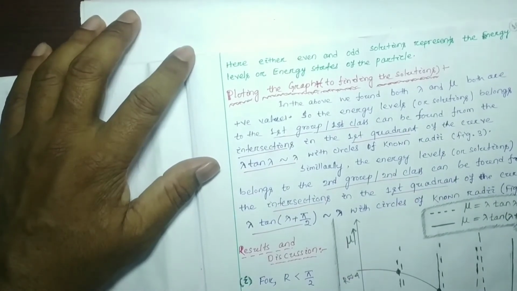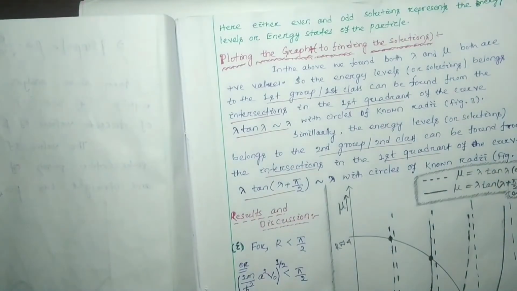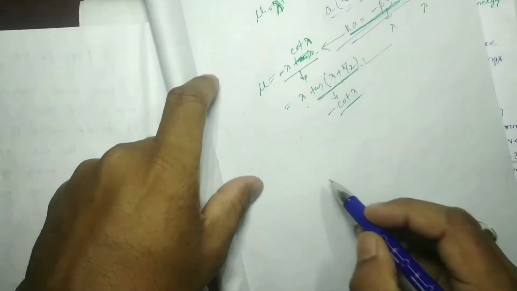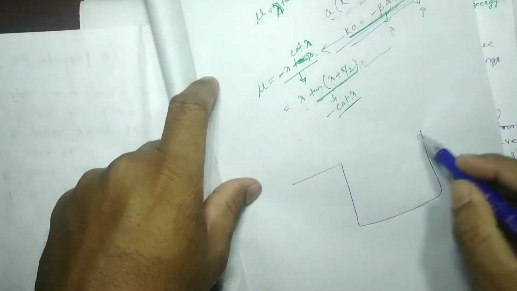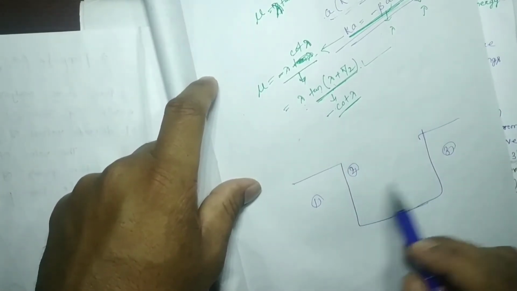That belongs to the second region. Why am I saying the second region? Because of the first region and third region. This is our first region, and the third region, this is the second region. This is the bound state region.